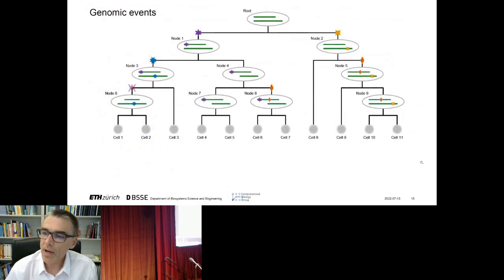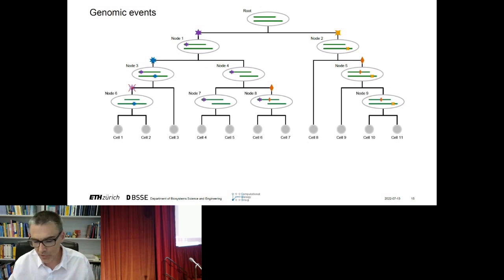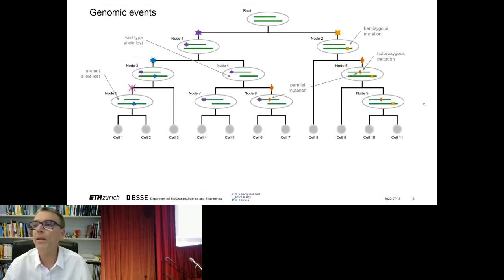So first of all, how do we relax the infinite sites assumption? We are still not considering any possible genomic event, but we are considering a number of additional events in addition to just a plain heterozygous mutation. So that heterozygous mutation is illustrated here in node 5. It occurs on one of the alleles. We are also considering now hemizygous mutations, so mutations that occur only on one allele after the other one has been lost.